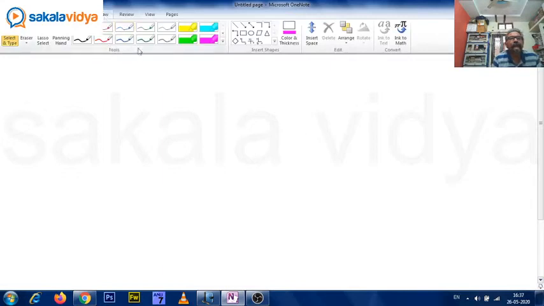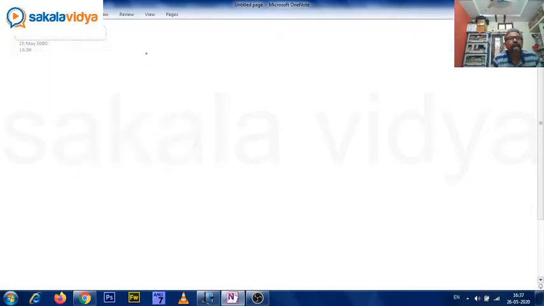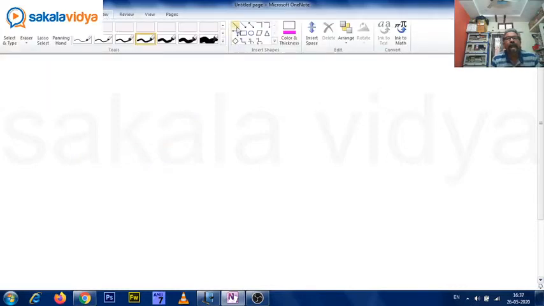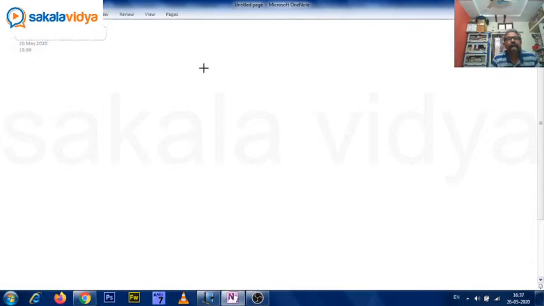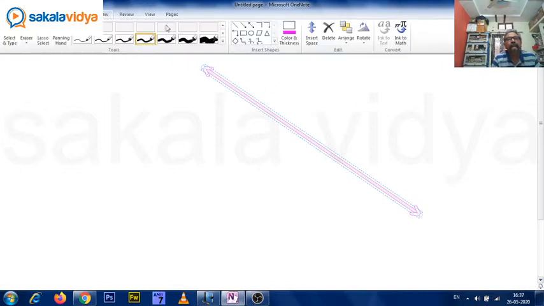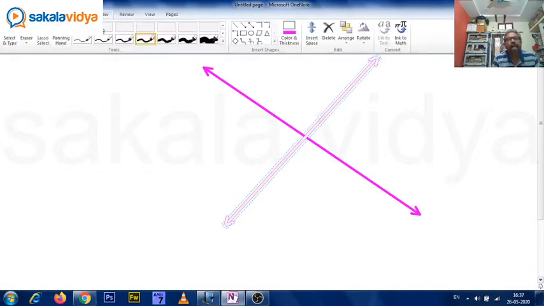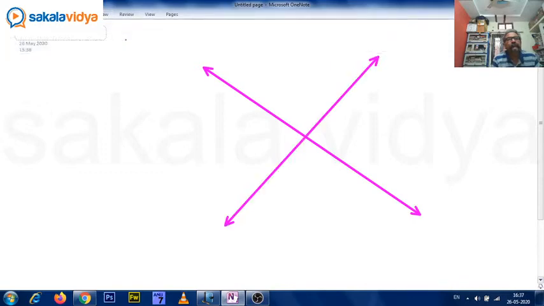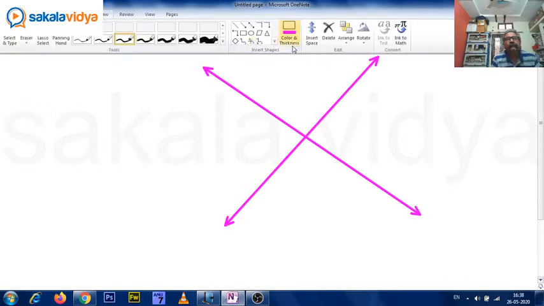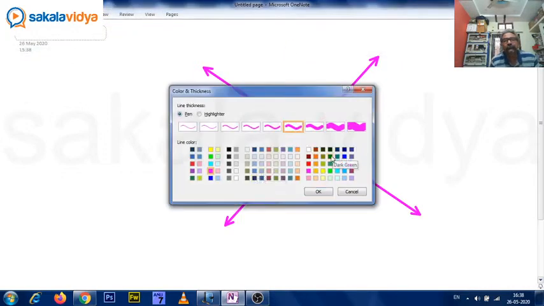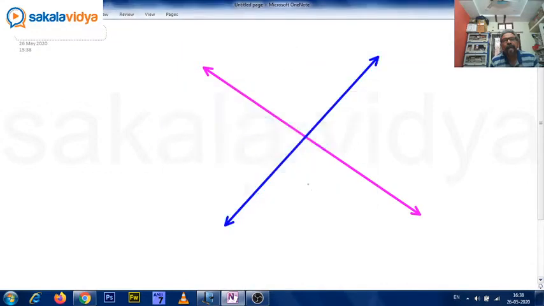See, for example, these two different lines are actually intersecting like this.